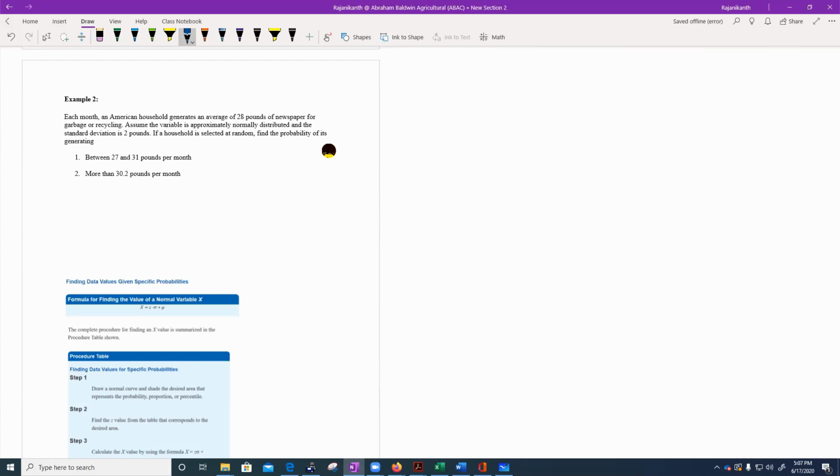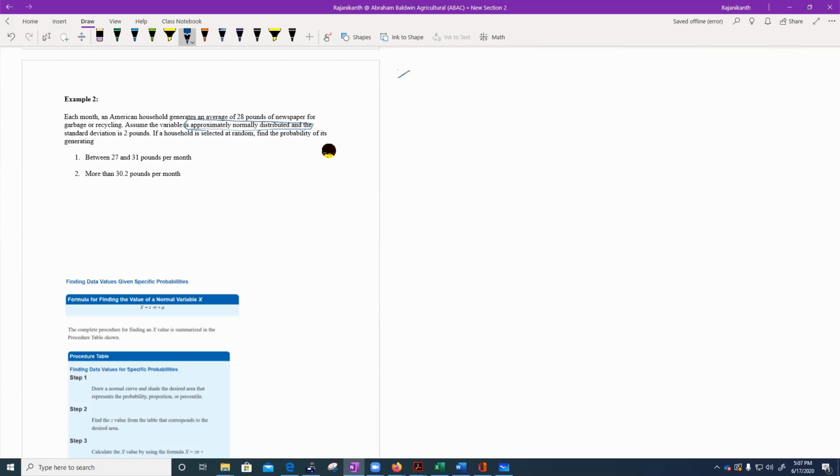Okay, since the question is about a normal distribution, you are free to draw the normal distribution curve. The given information is that the variable is normally distributed. What is my variable here? The variable is what they're talking about, the amount of newspaper in terms of weight.